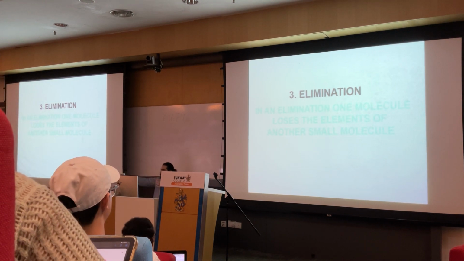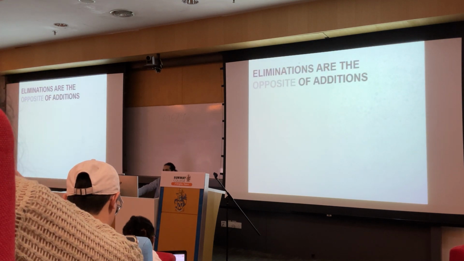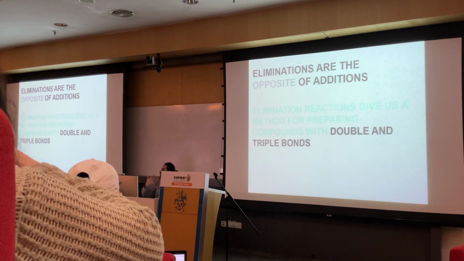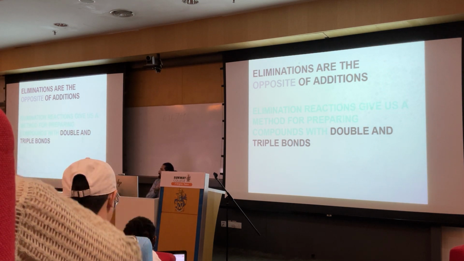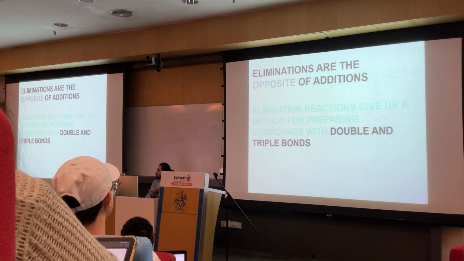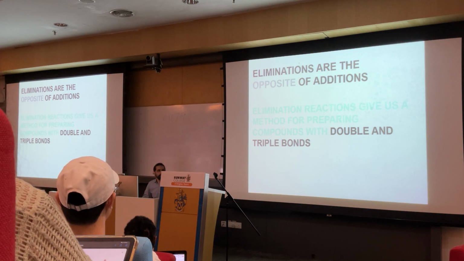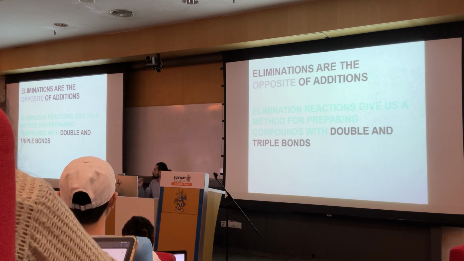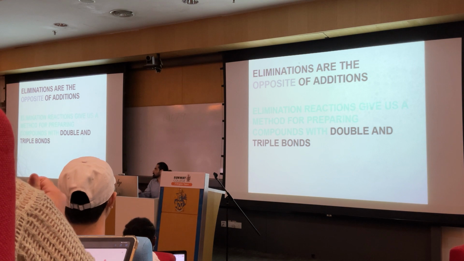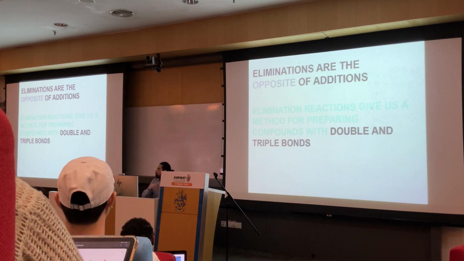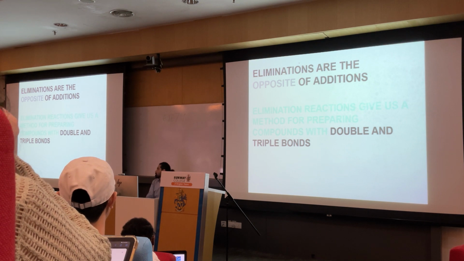Elimination reaction: something breaks off the molecule. They are definitely the opposite of addition reaction, and they are important to actually make multiple bonds. Addition reaction was characteristic of multiple bond compounds, but if you want to make multiple bond compounds, you can use elimination reaction.